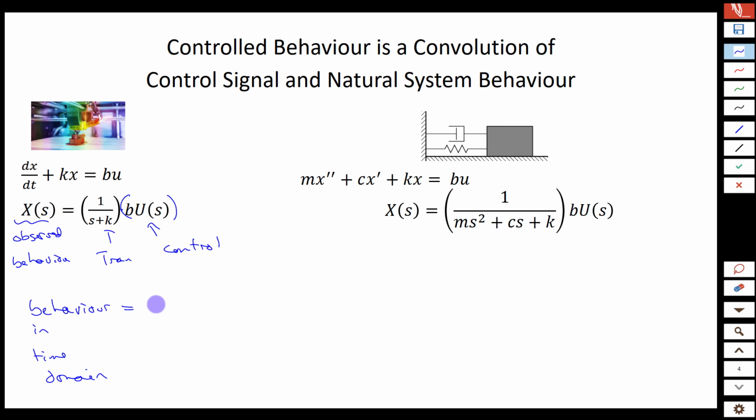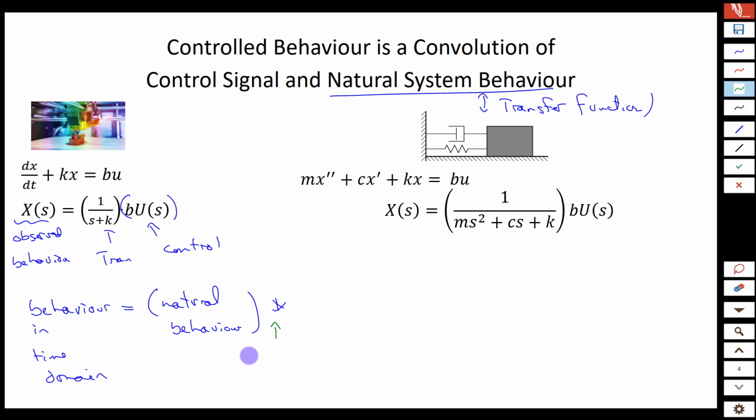is going to equal the natural behavior, which is defined by the transfer function, convolved with, that big star here, asterisk, convolved with the control signal.